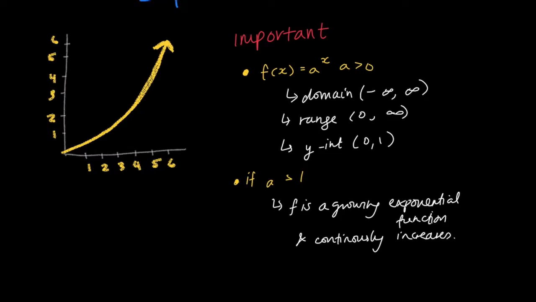And so the x-axis is a horizontal asymptote. That is, as x approaches negative infinity, a to the power of x approaches 0 from the right side.